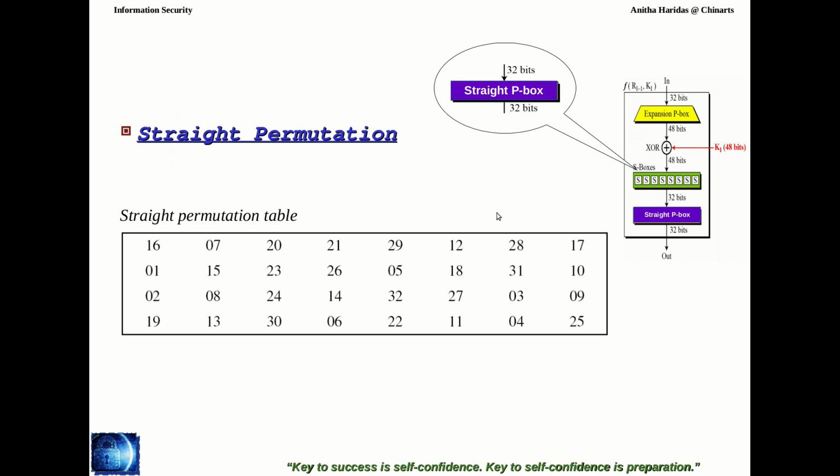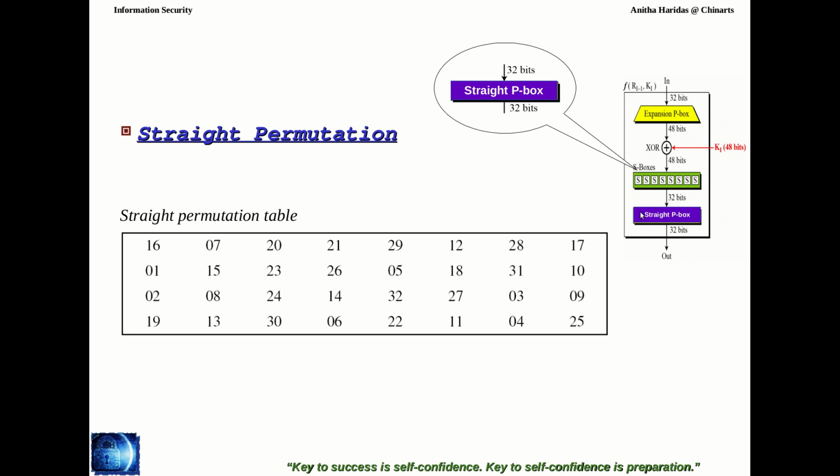The last component of the DES function is the straight permutation. Sorry, the direction goes here, not here. It is actually the straight P-box, it should come here. Please make a note of it. The straight P-box is pointing here, it is not to be pointed there.